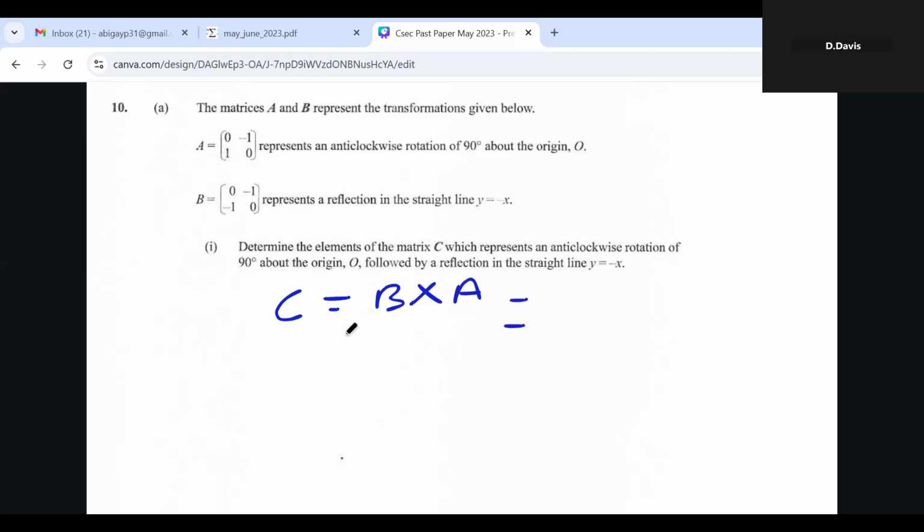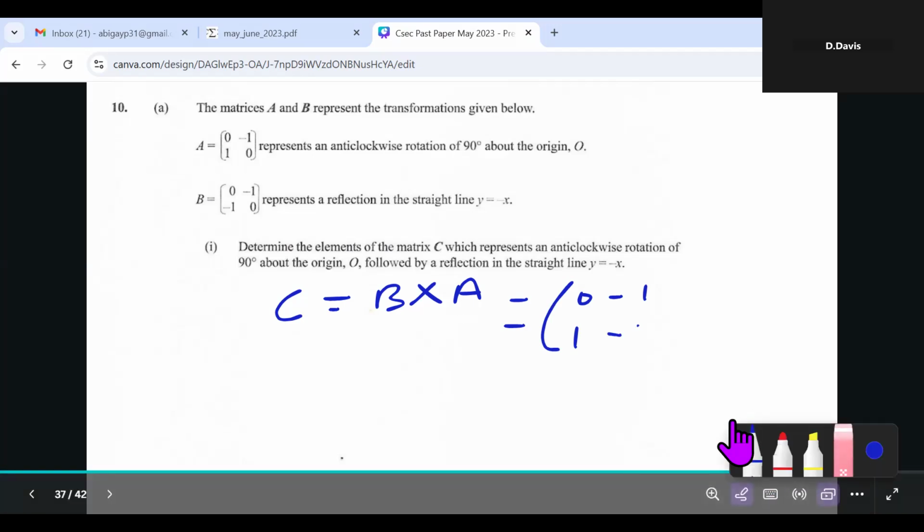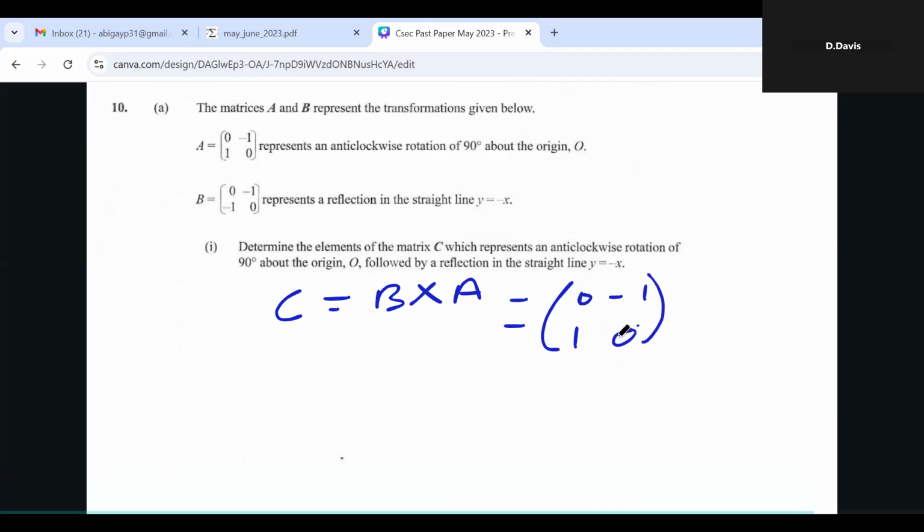So that is 0, negative 1, negative 1, 0, times 0, negative 1, 1, 0. And you know that when we're multiplying, it's row times column. So row times column. So let me go over here.